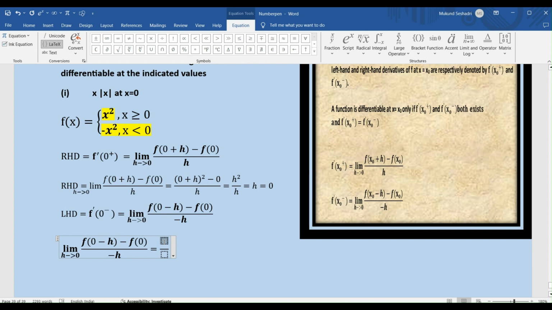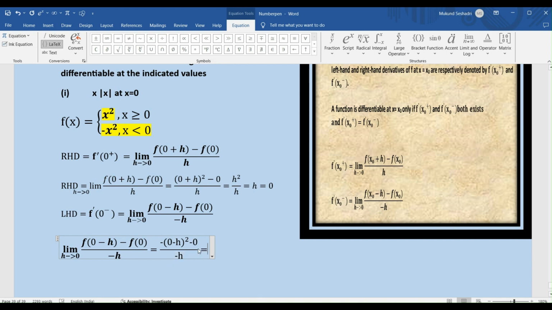And when I do that, what do I get? My first part of the numerator takes a value of 0 minus h the whole square into minus, because I have it as minus x square. And then I have my f of 0, which from the RHD, which we worked out, is going to take a value of 0 squared. It's going to take x square. So it will remain as 0. And then I have a minus h in my denominator, right?